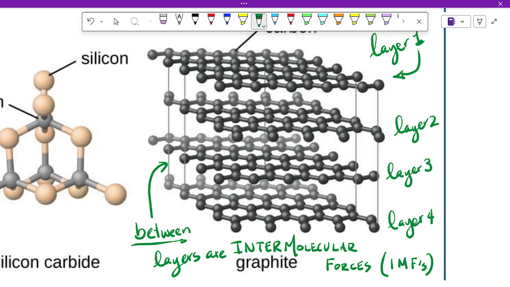So what's going to happen is I'm going to come along and the paper is going to stick to that first layer by intermolecular forces. And with that pressing down, it's going to shear off. So that layer is going to come off, and it's going to leave behind a layer of graphite. And that's how a pencil works, because these intermolecular forces get broken and we leave behind some number of layers of graphite. I don't know how many layers get left behind, but some number of layers get left behind.